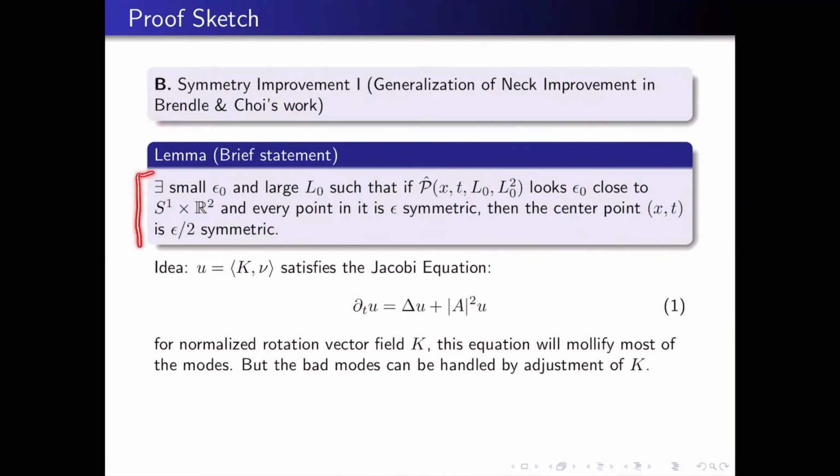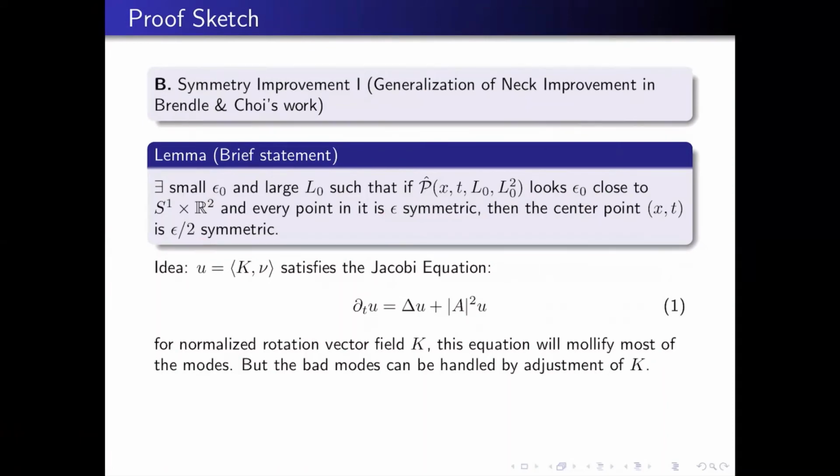This roughly says that there exists a small epsilon 0 and a large constant L0, such that in a huge parabolic neighborhood of size L0, if this neighborhood looks epsilon 0 close to S1 cross R2, and every point in this neighborhood is epsilon symmetric, which was defined before, then the center point has a better symmetry.